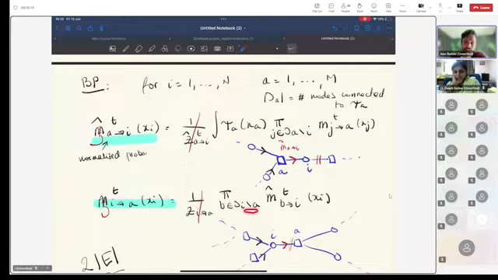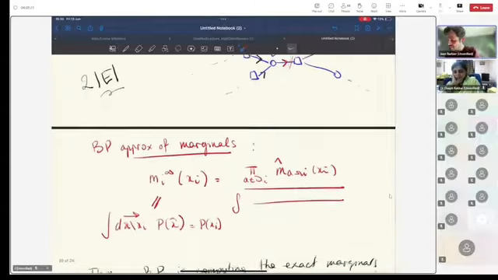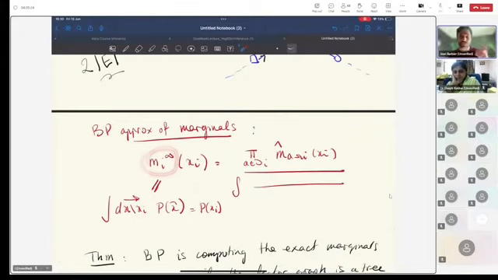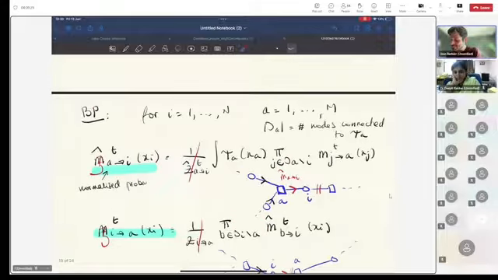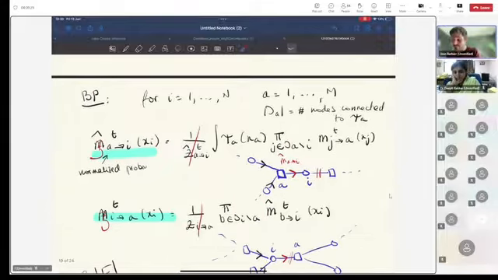I'm trying to close the equations on these quantities, which are the approximations of the marginals themselves. But of course, this is not correct. What you can show is that nevertheless you can close the equations on these quantities, up to a correction. So you again do a Taylor expansion if you want.